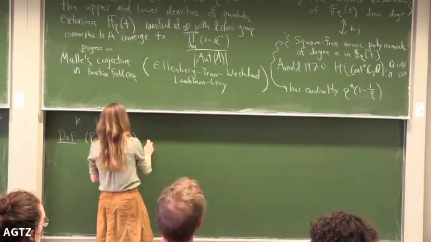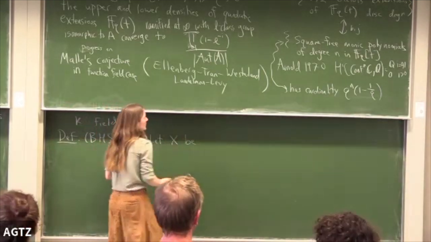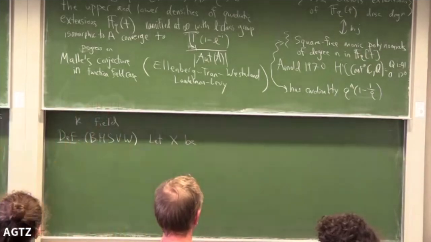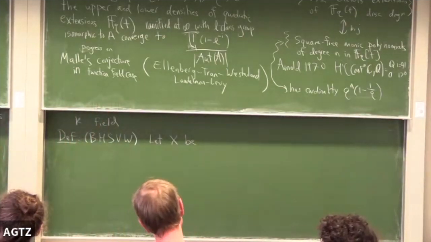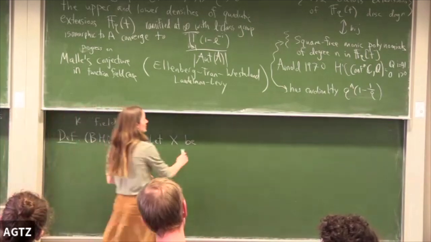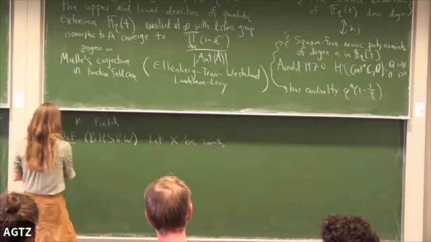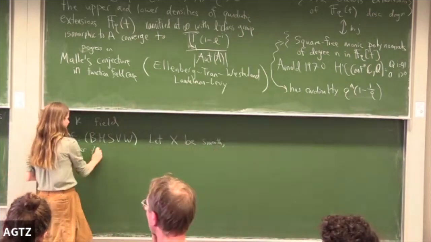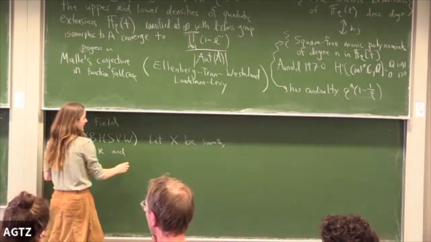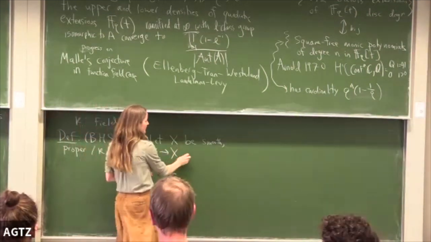So let X be smooth proper, you could get away with smooth, but let's just say smooth proper over K, and f: X to X an endomorphism.